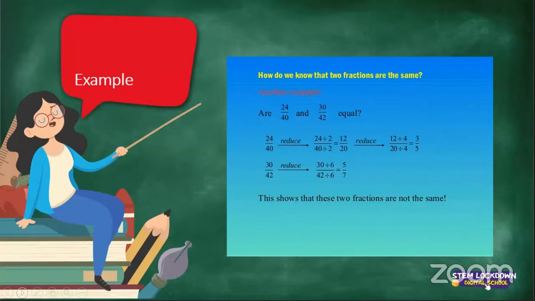So the simplified fraction of 30 over 42 is 5/7. So now we see there's a difference. These two fractions are not equal, or rather they are not the same.